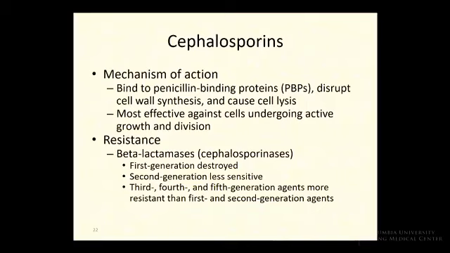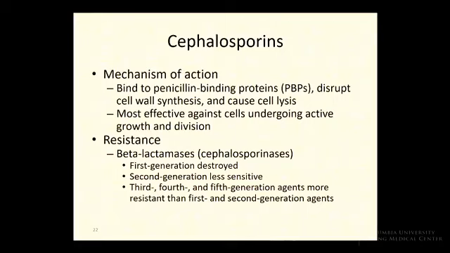Okay? So there's more resistant organisms to those first generation drugs. The second generation drugs are less sensitive, and the third, fourth, and fifth generations are predominantly insensitive or resistant to those enzymes. Okay.